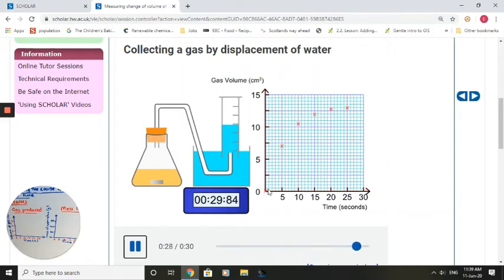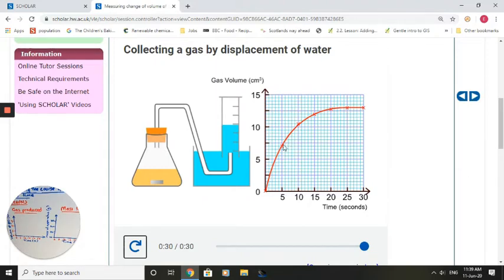So at time equals 0, we had 0 centimetres cubed of gas collected. In the first 5 seconds at the beginning of the reaction, the gas was produced quite quickly, and already in the first 5 seconds we've got about 7 centimetres cubed of gas produced. And then as the time proceeds, the next amount of gas produced is slightly less.